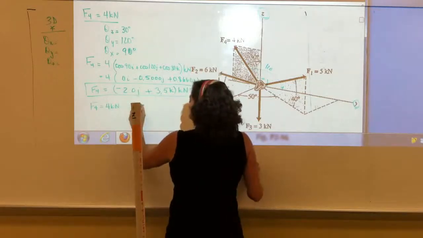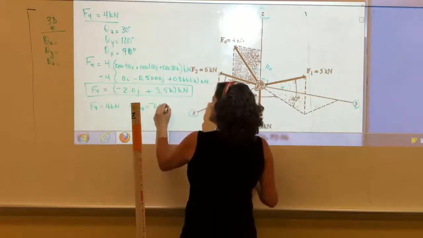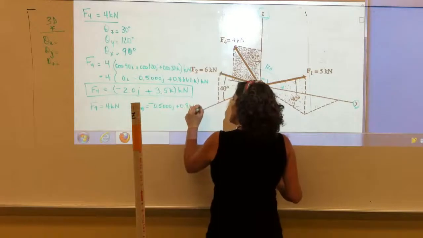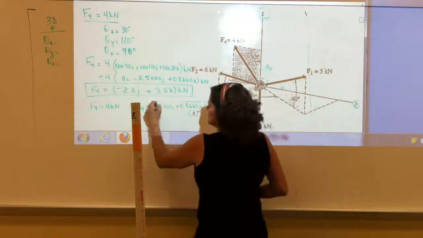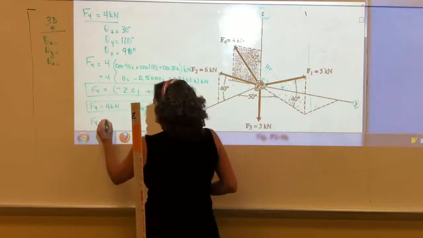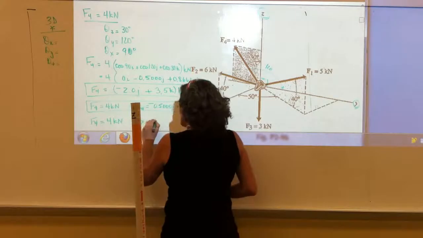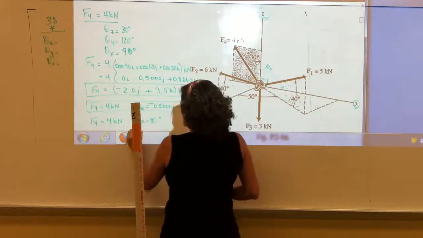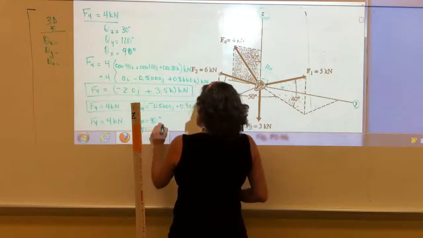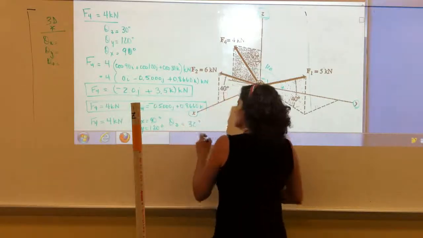The unit vector, let's say E4, is equal to negative 0.5000 j plus 0.8660 k. Magnitude and unit vector, and then magnitude and direction angle. Direction angles we already know. This is 90, theta y is 120, and theta z is 30.